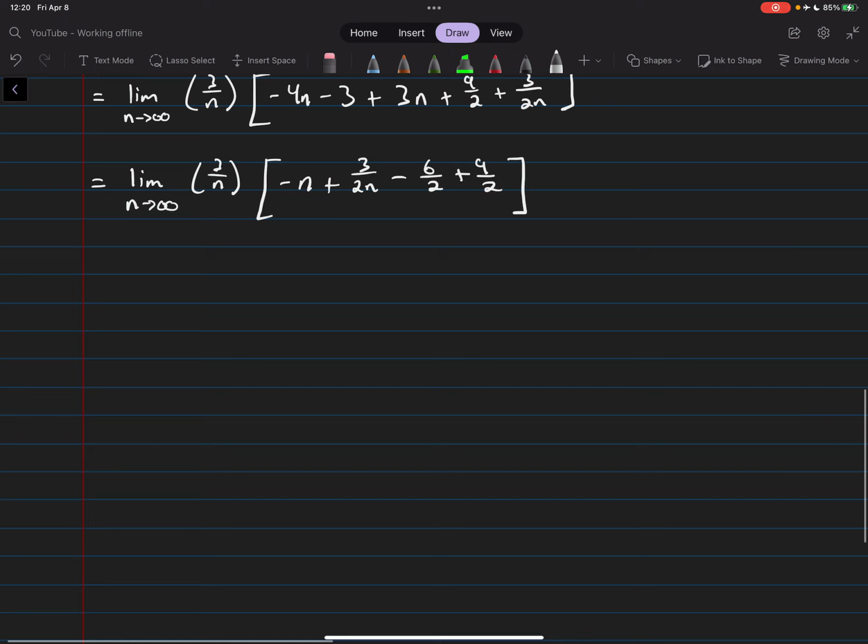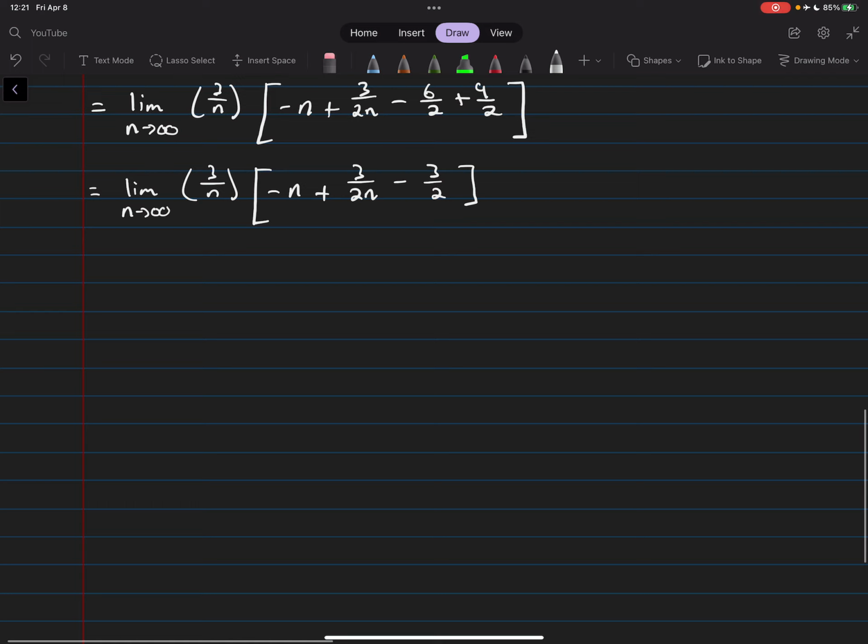And then just a couple more lines left. So the limit as n goes to infinity of 3 over n times minus n plus 3 over 2n minus 3 halves.